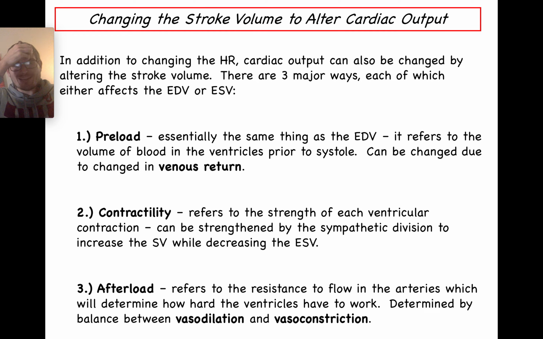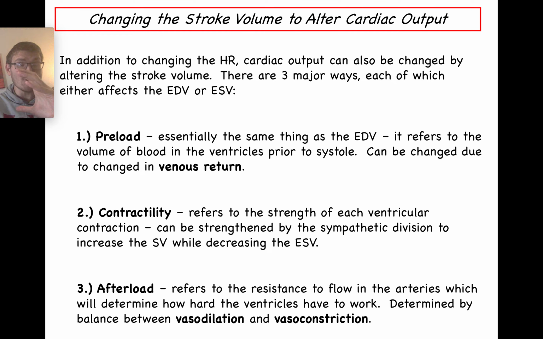This is another multifactorial thing, but for us, we can simplify it and consider afterload to be a balance between vasodilation and vasoconstriction. If this is the opening of an artery, if we dilate an artery, we decrease the afterload.